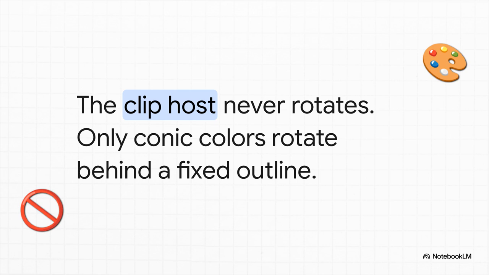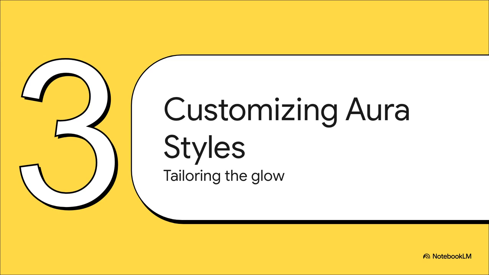The colors rotate endlessly behind a fixed, rounded mask. Your brain interprets this as a single light traveling perfectly around the border. But in reality, it's literally just a spinning disk hidden behind a smart clipping mask. It gives you that ultra-modern border light with virtually zero performance overhead. Pretty genius, right?